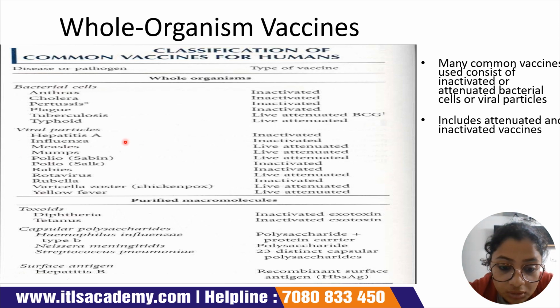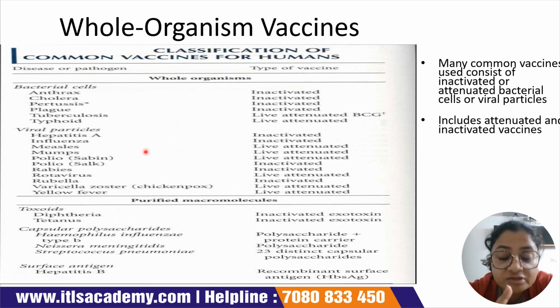Under the whole organisms, among the bacterial cells, we have anthrax, which is inactivated. We have cholera, which is also inactivated. Pertussis inactivated. Plague inactivated. Only tuberculosis and typhoid have live attenuated vaccines. Then talking about the viral particles having whole organism as vaccine, we have hepatitis A inactivated, influenza inactivated, and measles which is live attenuated.